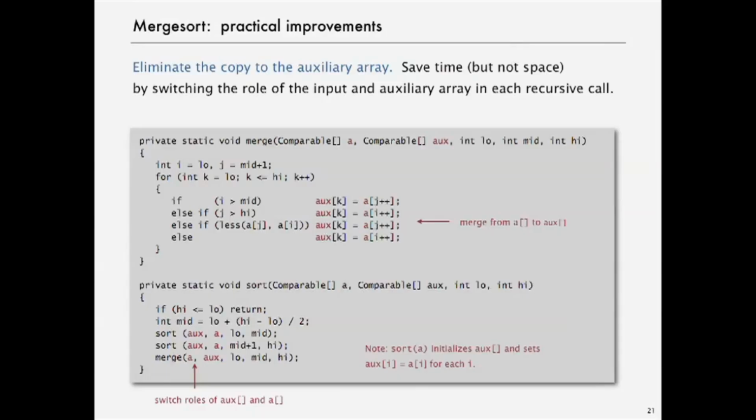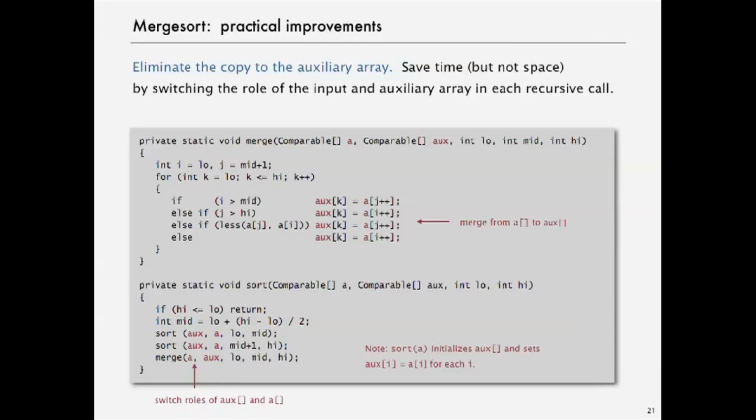The other thing that's possible to do, and it's a little mind-bending, so recommended only for experts, is to save a little bit of time. You don't really have to copy over into the auxiliary array. You can kind of switch the role of the input and the auxiliary array every time you make a recursive call.